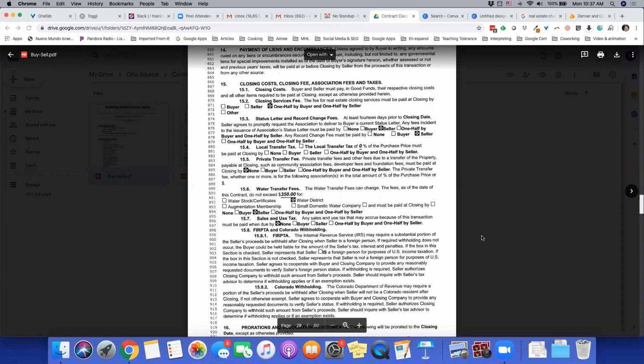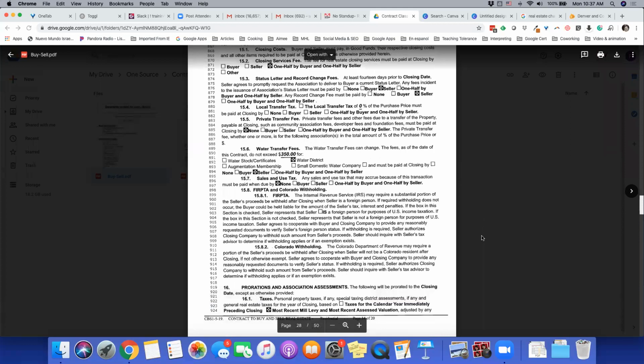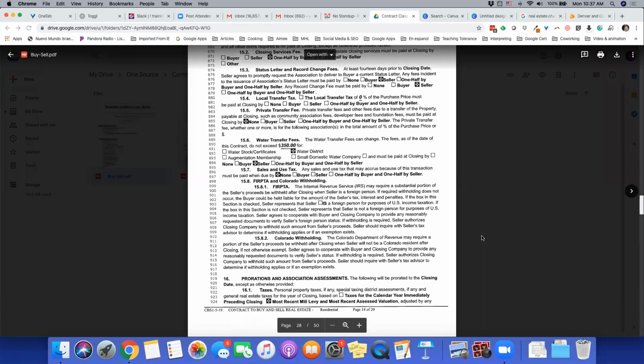Now on 15.8, do not check anything in this paragraph, because when the property was listed, the title company has asked the sellers, are they a U.S. citizen? If they're not, then there are some documents that they have to fill out and some documentation that needs to be received by the title company.